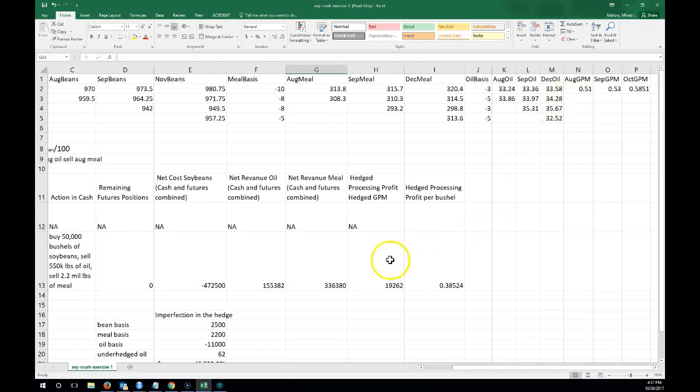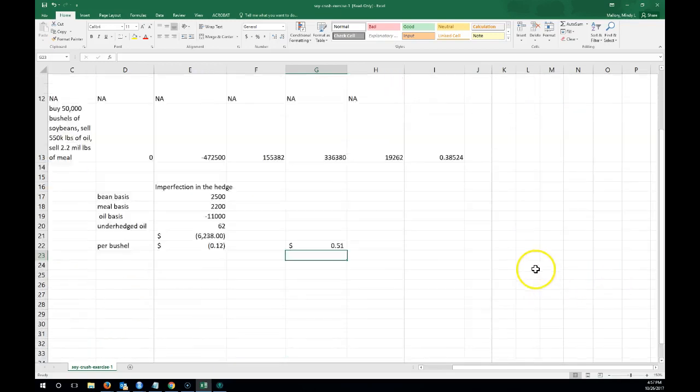And that should always work out if things are going correctly, that the difference between what you get and what you expected is coming from the imperfections in your ability to hedge. And in our example, that was coming from basis in the bean, meal, and oil market, and the fact that we could not perfectly hedge the oil with the 9-11-10 ratio.